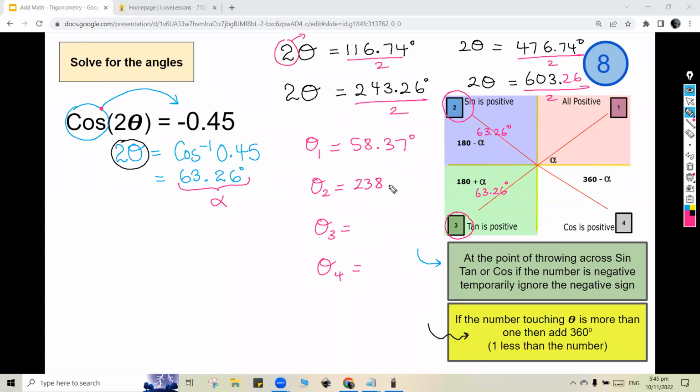Hopefully I won't make any mistakes from this point. And 603.26. And my last one is 301.63 degrees. Hopefully I didn't make any mistakes. Of course, feel free to point out if I do.